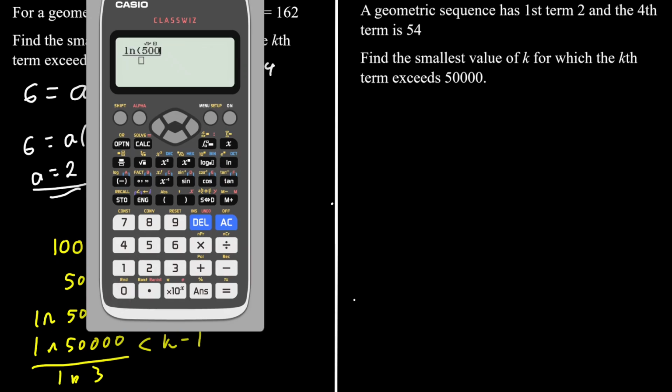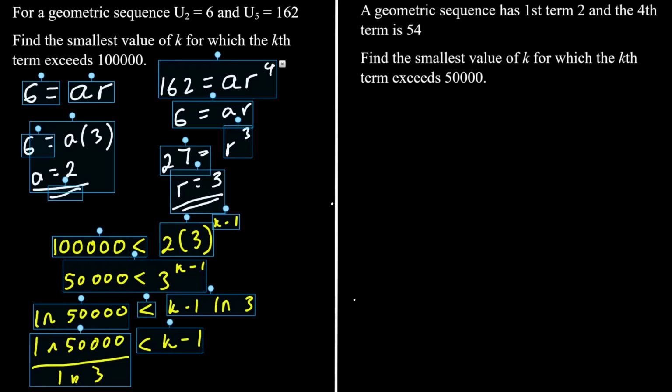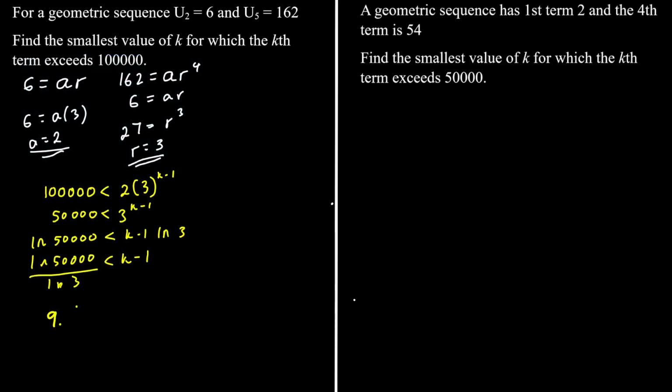Log 50,000 over log 3 is 9.8 and so on. So 9.8. K minus 1 is bigger than 9.8.